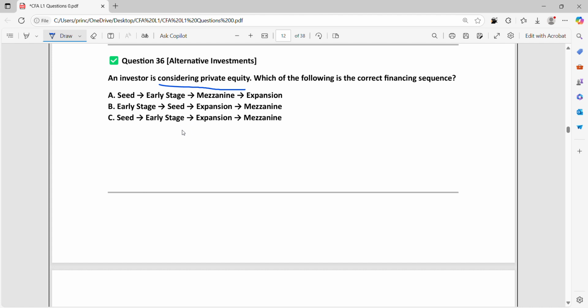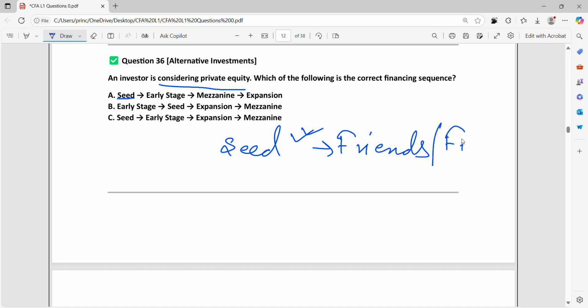We are going to follow a step-by-step sequence. So first is seeding. When you have an idea and you want to raise funds, you go through seeding and you mainly raise funds from friends, family members, and even a small investor.